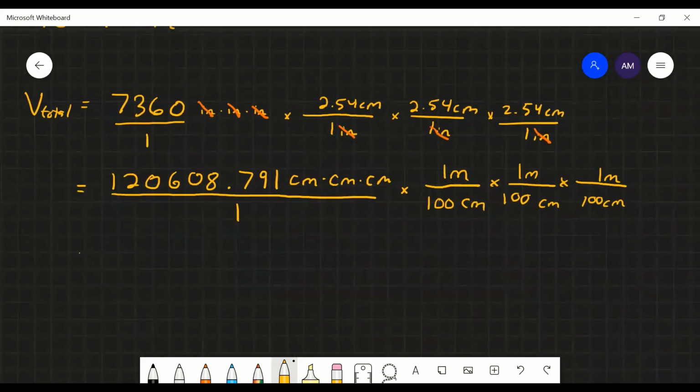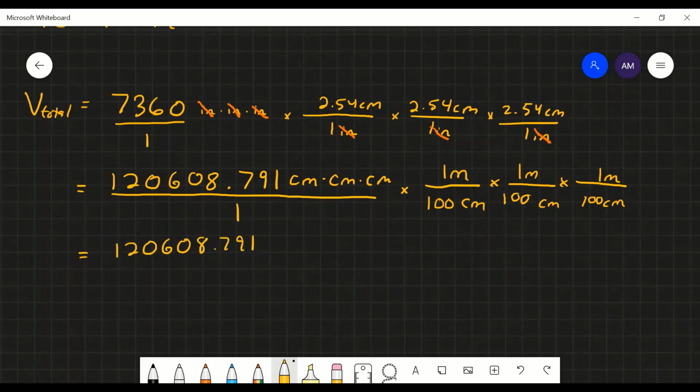So this means that we have to divide by 100 a total of 3 times. That's one way of looking at it. So this is 120,608.791, where the centimeters will have canceled with each other, divided by 100 times 100 times 100.